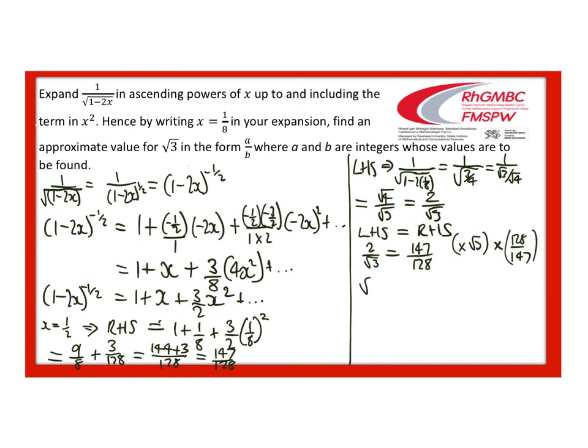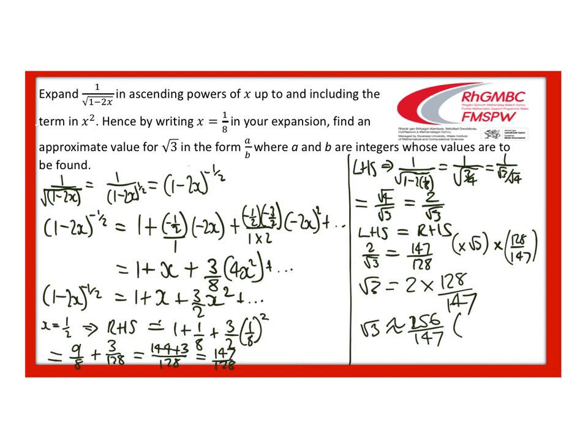And so what we get is that root 3 is equal to 2 times 128 over 147. So root 3 is in fact 256 over 147 approximately.